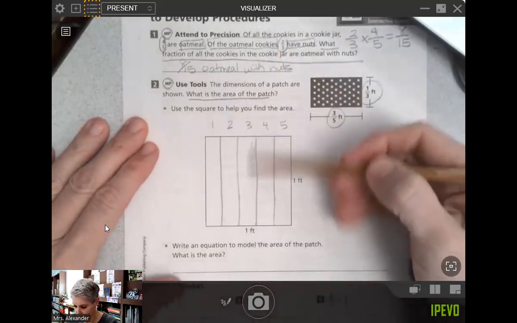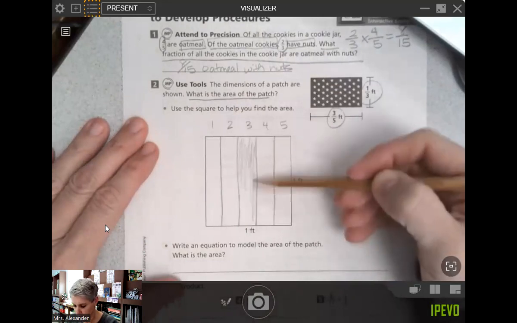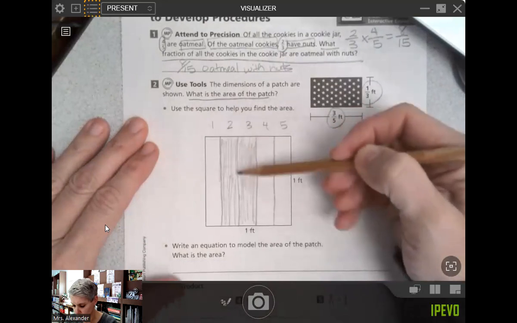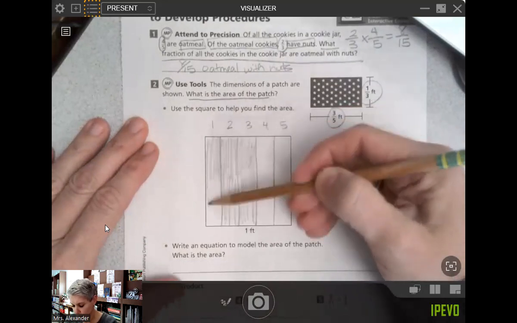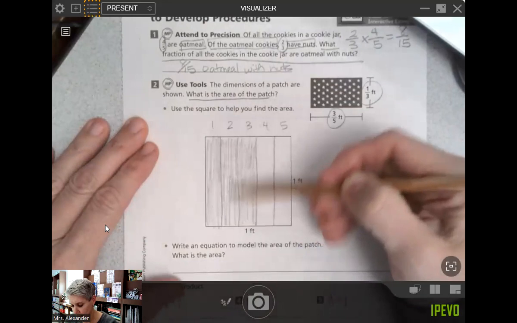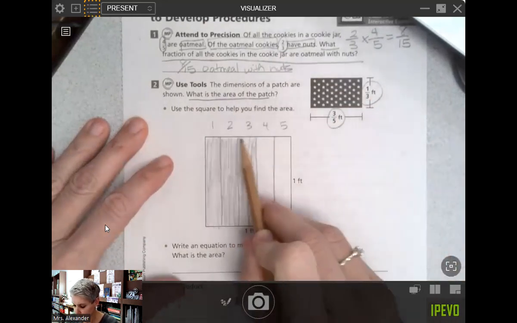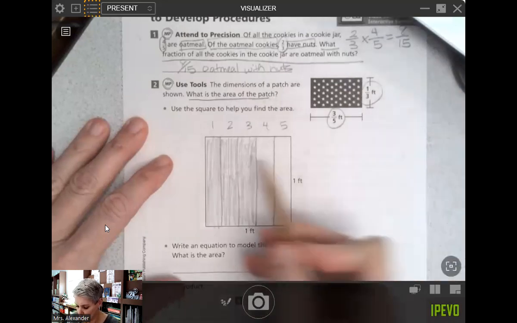I'm going to shade in 3 of them with my pencil. In class, we used colored pencils, or a variety of lines or just shading. So whatever you prefer. And then that is 3/5 by 1/3.